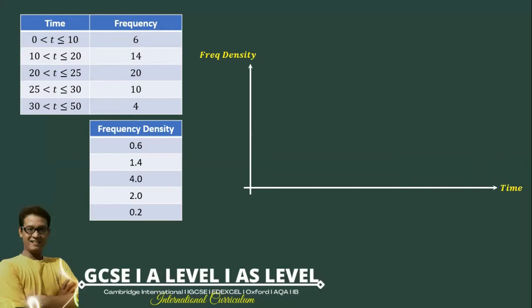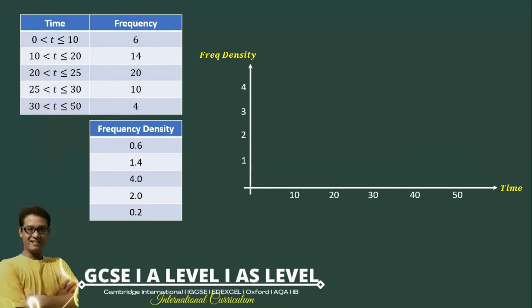Now we are going to construct frequency density versus time based on the bar as the representative of the frequency density. This is the scale. For the x-axis, the scale is 10, 20, 30, 40, and 50. And for the y-axis is 1, 2, 3, and 4.